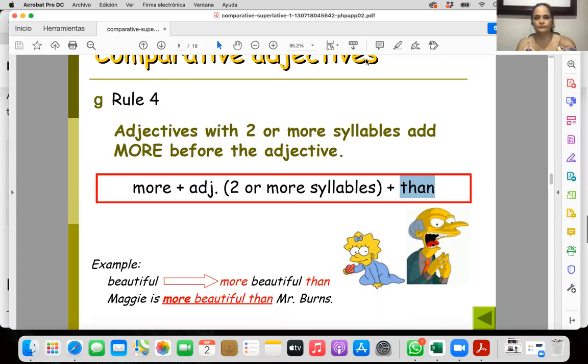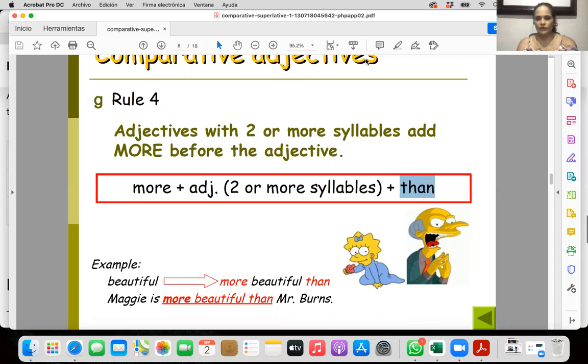Right here we have rule number 5. Rule number 5 says comparative adjectives with irregular adjectives to memorize.